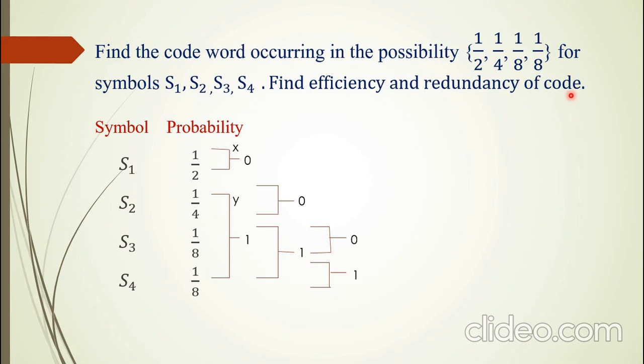So there are 4 symbols and the probabilities are 1 by 2, 1 by 4, 1 by 8 and 1 by 8. Now find out the efficiency and redundancy of the code. Okay, let us have the first step.